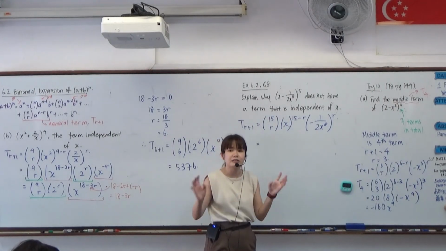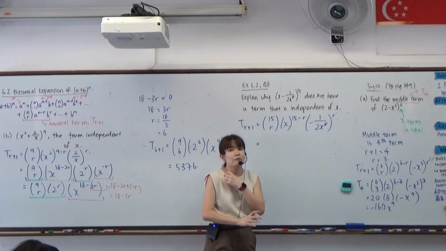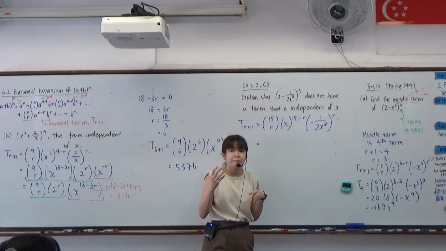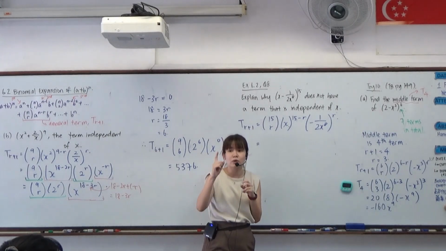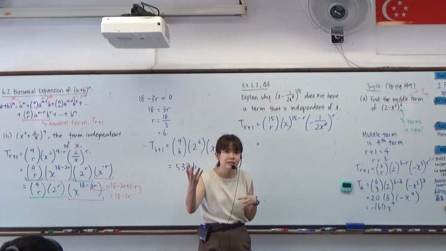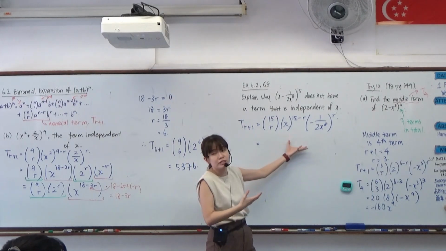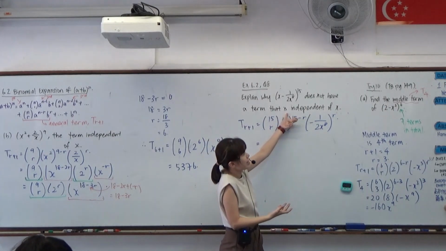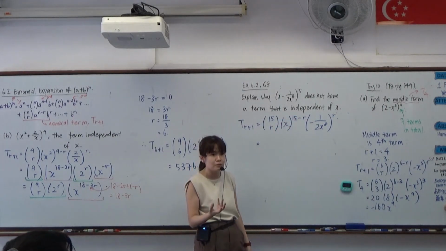That means x doesn't appear, and we know that x doesn't appear when x is to the power of 0, because x to the power of 0 is equal to 1. I cannot have x to the power of something because it will still exist there. So the only possibility of independent of x is when x is to the power of 0.